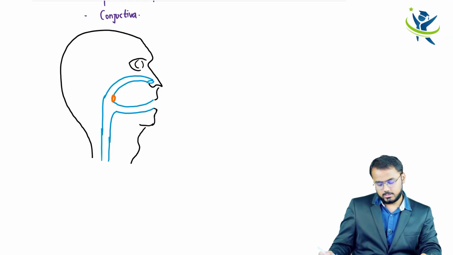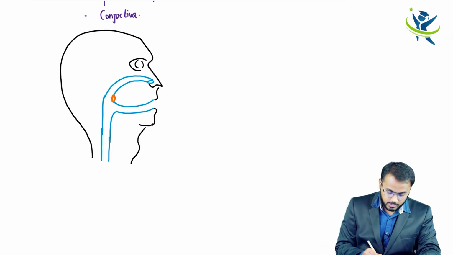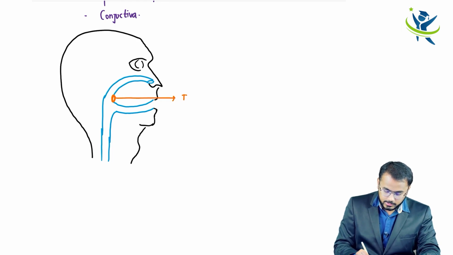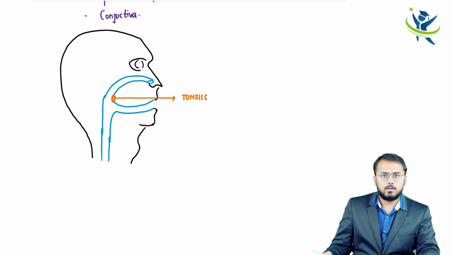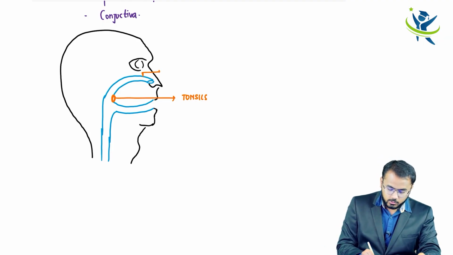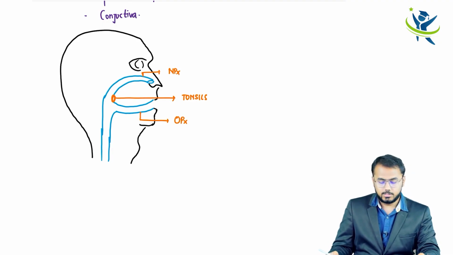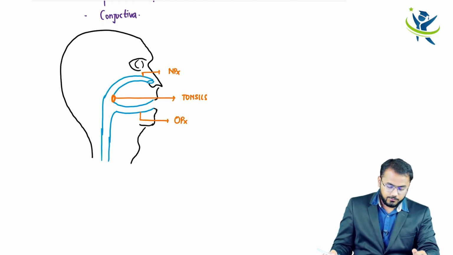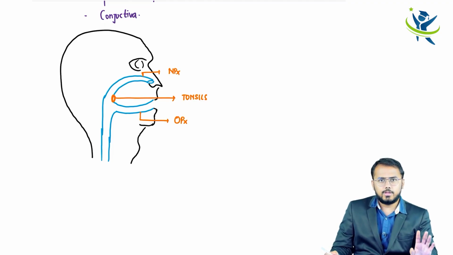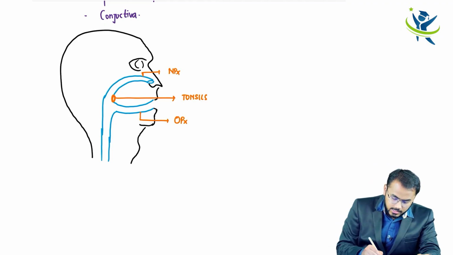Anatomically it might be wrong. So this will be your nasopharynx and this is your oropharynx. Lining within the nasopharynx, oropharynx or the laryngopharynx, you have some epithelium over here.